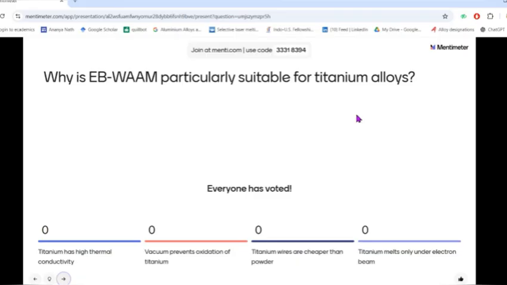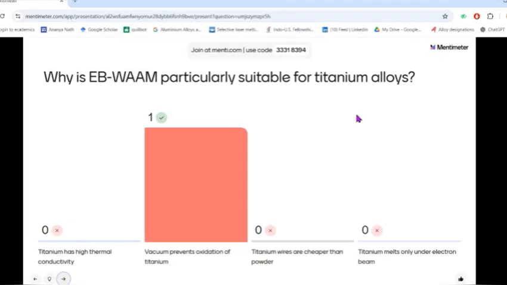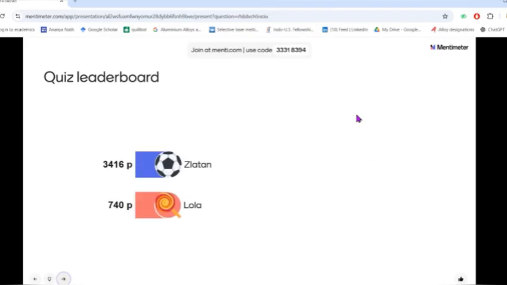It's not directly related, but as the process is going on in vacuum, titanium will be easier because there will be no oxidation and reaction, as it's a reactive metal.